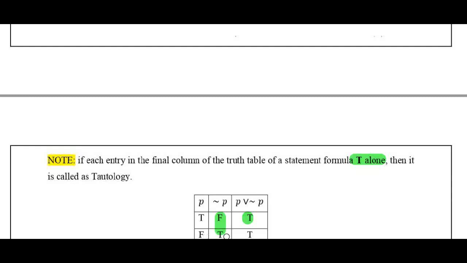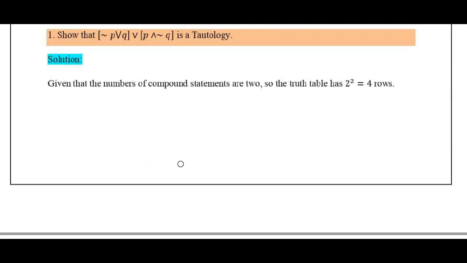Here the first statement is false, second statement is true, so here you get true. So if each entry in the final column of this truth table is T alone, therefore this truth table satisfies tautology.